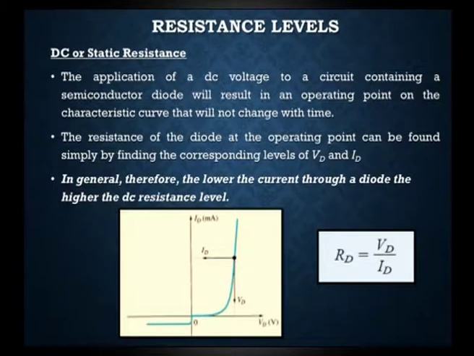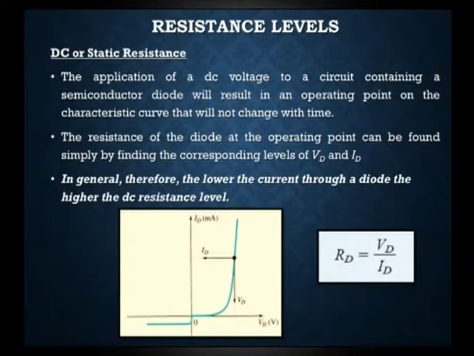The resistance level in a static resistance remains the same. Wherever the point we consider in our VI characteristics, that is the operating point, the resistance does not change, it remains the same, which is why it is called static resistance.